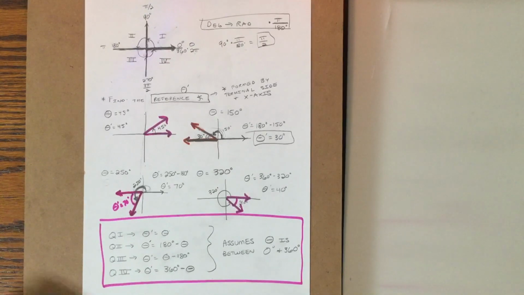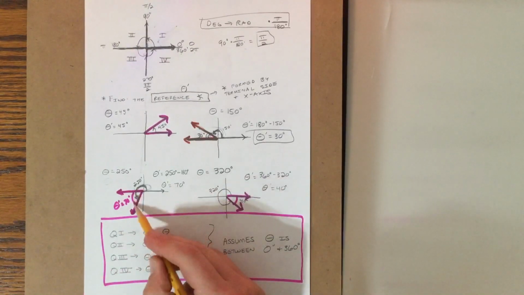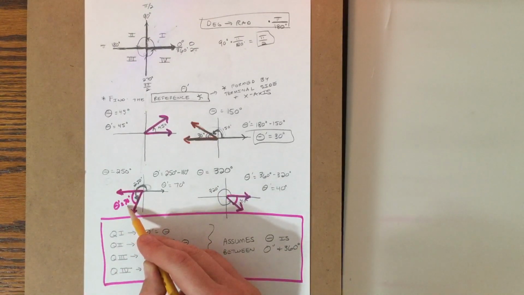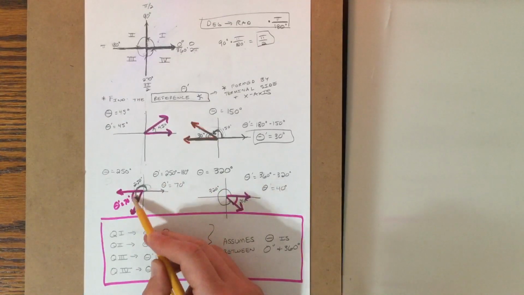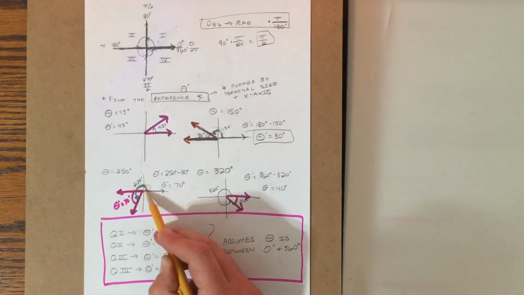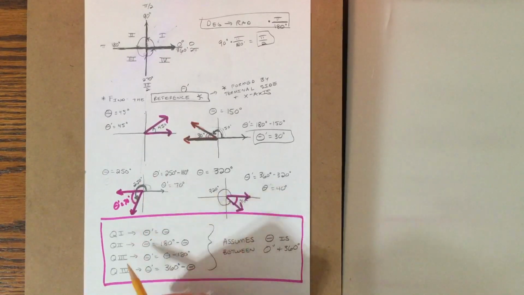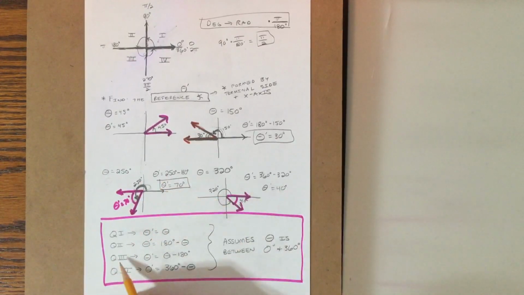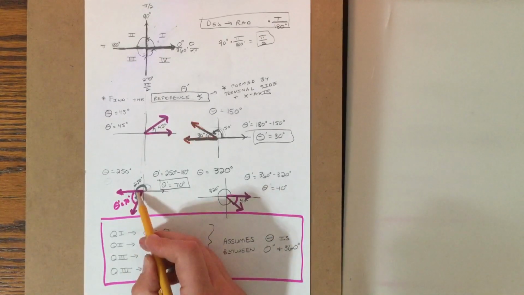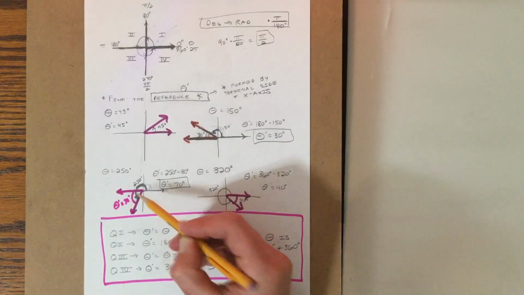So we need to figure out this portion here, which I have marked as 70. Well, again, how did I get 70? Well, if I just want this portion here, I just got to take away this part here. And what's that part worth? It's worth 180. So what I can do is take 250 and subtract 180, to get my reference angle of 70. Okay? So again, we just had to take off this part here because I just want this portion right here.